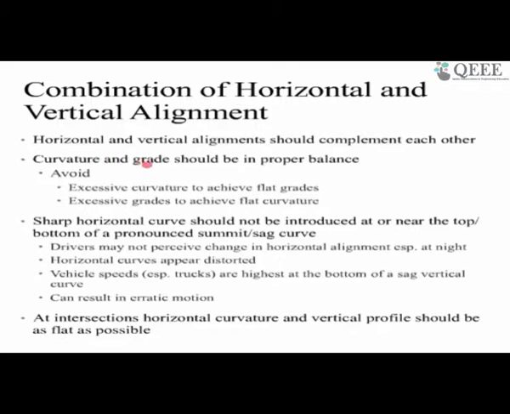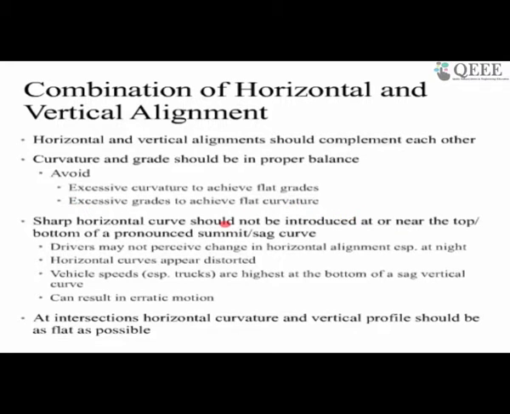When the proper balance happens, we can avoid these two situations: excessive curvature to achieve flat grades, which someone was asking about, like if the summit curve is so difficult, then why can't we flatten it? This should be avoided, because that will introduce excessive curvature in the horizontal, and excessive grades to achieve flat curvature is also not advisable.